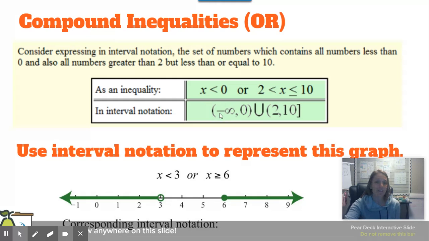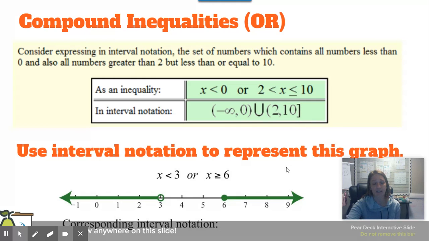X is less than 0 would be a parenthesis at negative infinity, because you'll never actually include the number infinity, and a parenthesis at 0. And then or 2 is less than x, so a parenthesis, and less than or equal to 10. So this goes in between 2 and 10, which is why there is a bracket there.